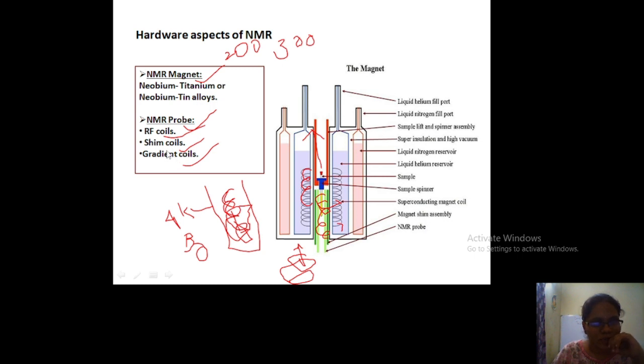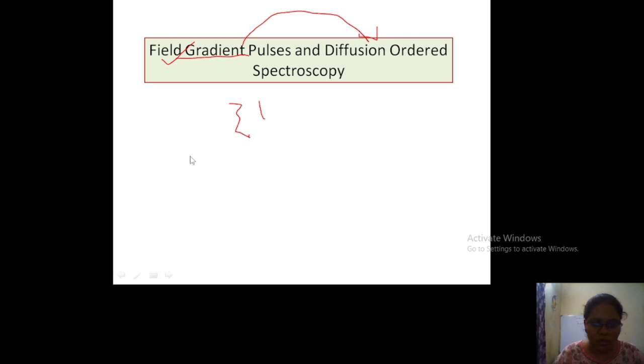Now let us see what shim coils are. We know that the magnetic field generated by the magnet inside the NMR is B naught, a very high field strength. But this B naught is not constant with time. It always keeps drifting. Suppose your B naught is 200 megahertz.